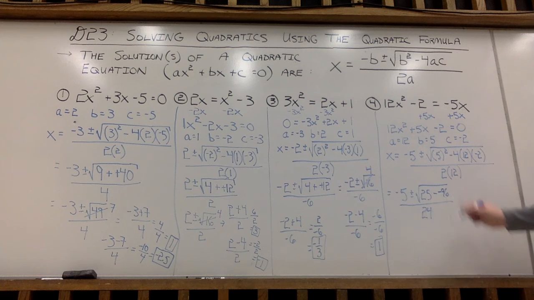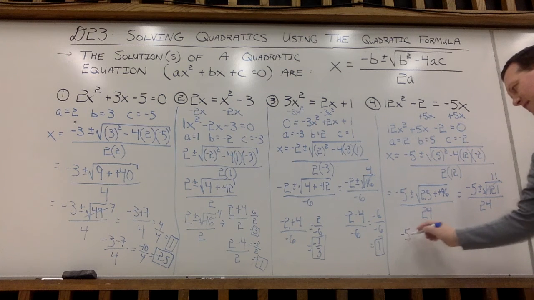Okay, so here 25 minus a negative will become 25 plus 96. So negative 5 plus or minus my square root of 25 and 96 is 121. So 121 has a square root of 11.